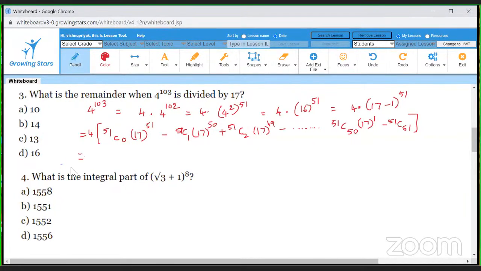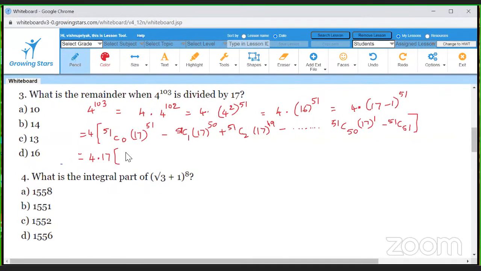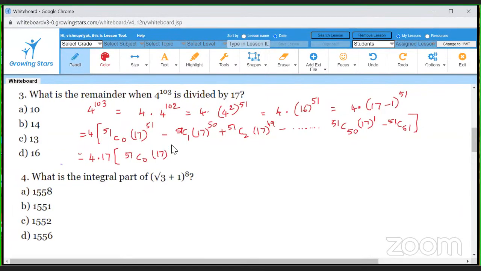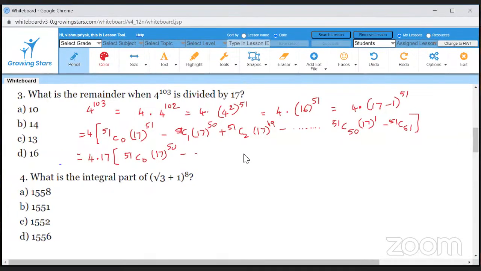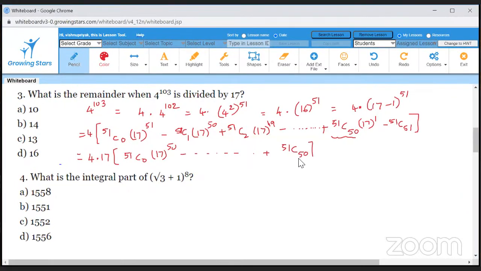Now, because I have to test for divisibility by 17, I can take 17 outside. Then I have 51C0, 17 power 50, so on, up to this term, plus 51C50 I have.